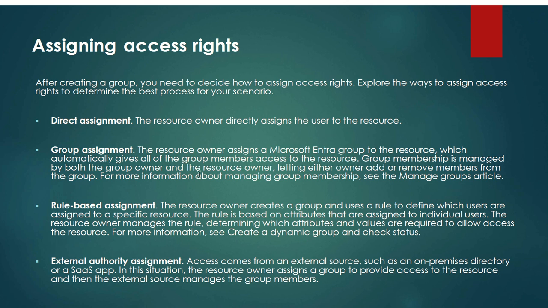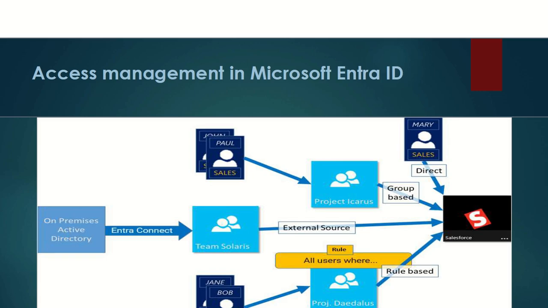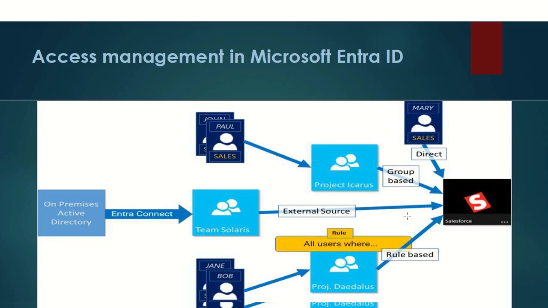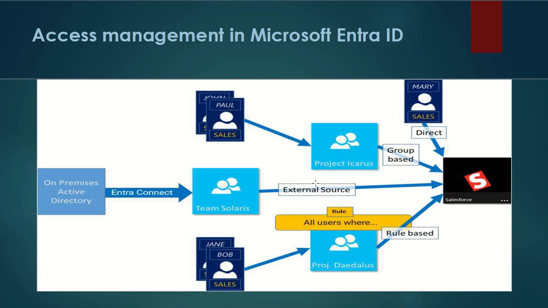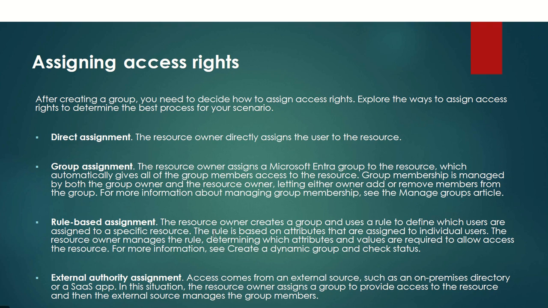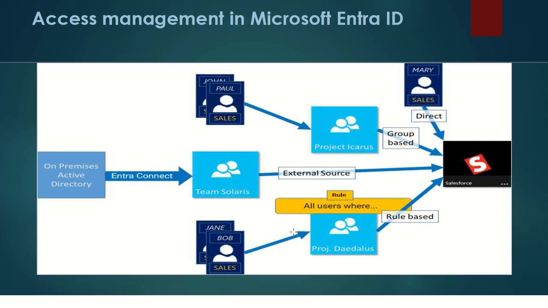Group assignment is the one happening here, a group based and more preferred approach for application access. Rule based assignment is the one you can use where, when your users' attributes change, the rules will fire and decide whether to add this particular user to this security group and then give access to this resource.